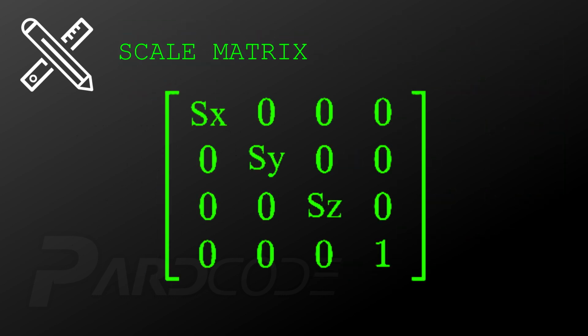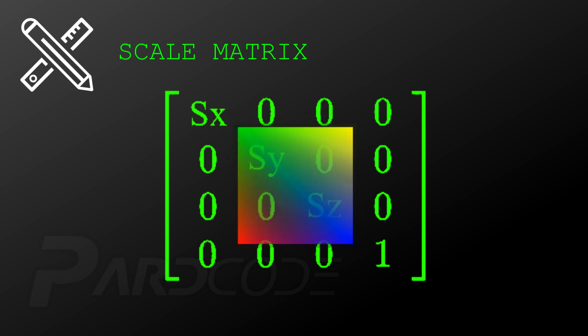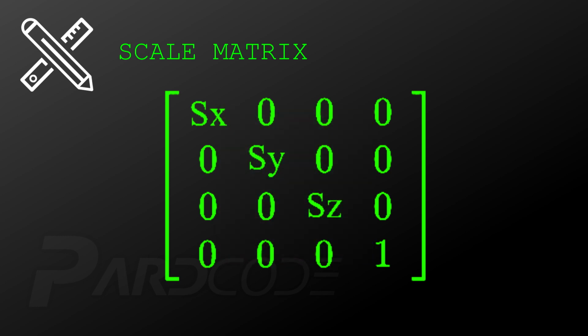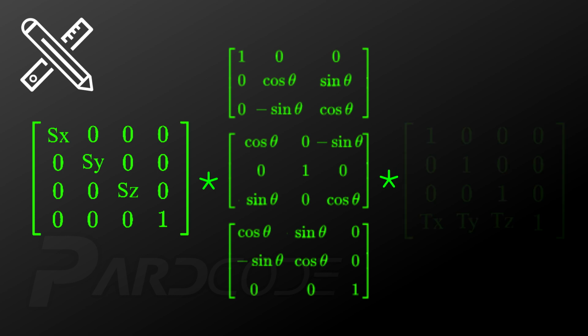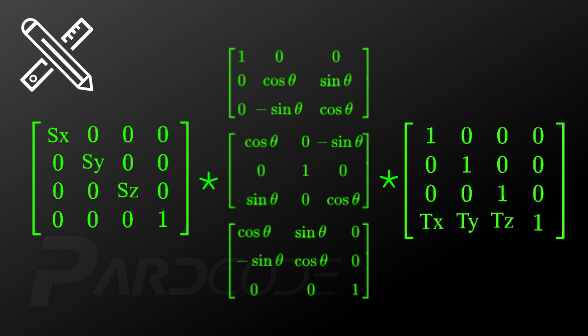This matrix allows us to stretch our vertices in many ways, through the so-called scale factors. The scale factors are placed along the diagonal of the matrix. All these types of transformation matrices can be combined, or better to say multiplied, all together in order to achieve multiple transformations at the same time.